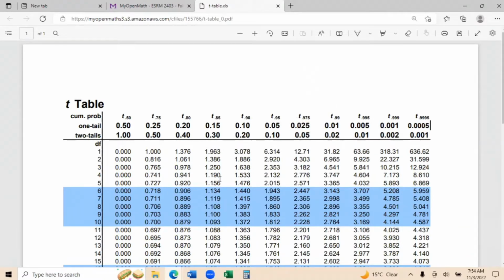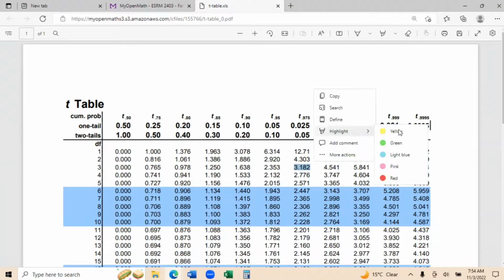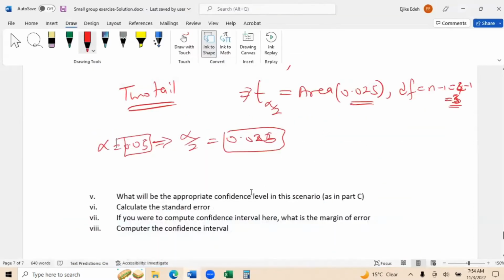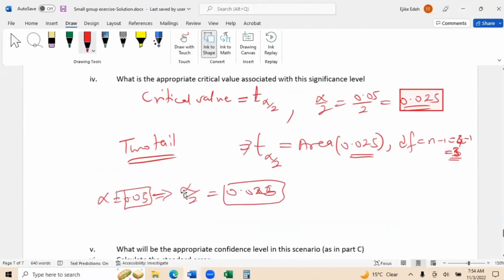And we're going to look at the degree of freedom 3. So come over here. This is actually the value of interest, this one here, right? Let's color it yellow. Okay, so 3.182 is my T critical value here, right? So let's write it in full.